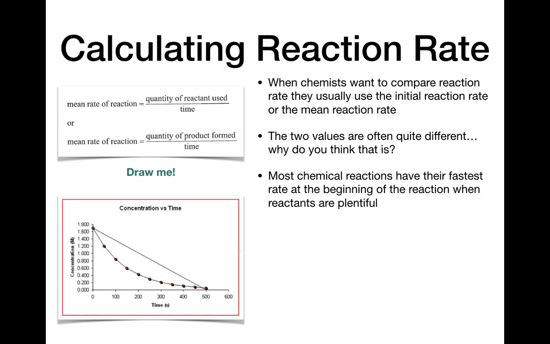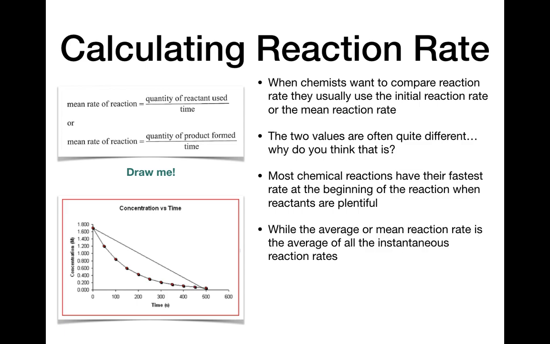Well, most chemical reactions are very fast at the beginning. When reactants are plentiful, lots of collisions can happen. We're going to have a lot of products being formed. But as time goes on, it really decreases. Whereas the mean is the average of all the instantaneous reaction rates. So in this graph here, every dot is a reaction rate at that moment in time. It's an instantaneous reaction rate. Whereas the line would be the average.